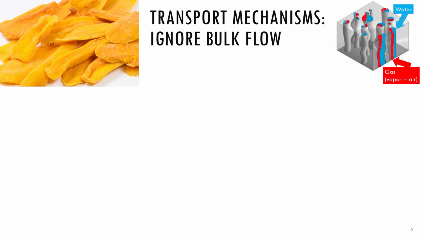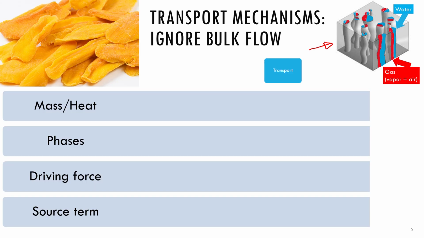So what is the physics of air drying? To do this, we want to look at the food as a porous medium with solids having pores in which water, vapor, and air transport, as kind of shown in a schematic here. So, of course, the food dries, so it loses water. And so there must be mass transfer.